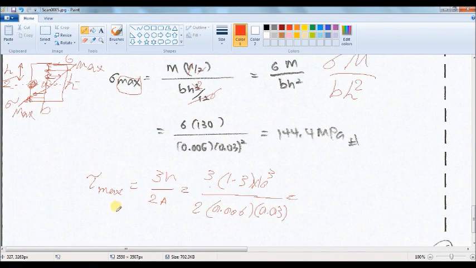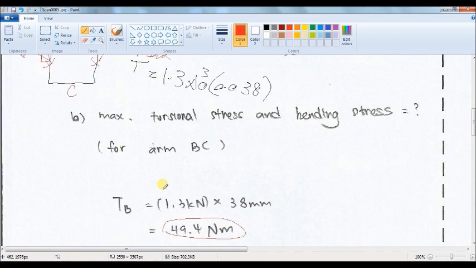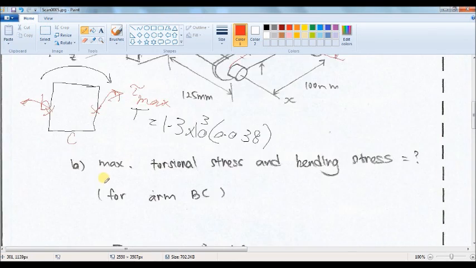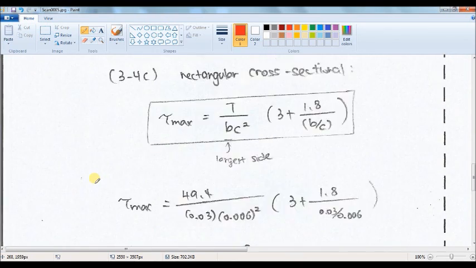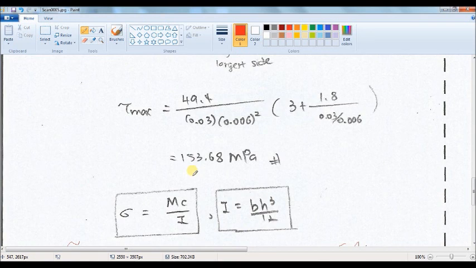Okay, so the maximum shear stress due to the bending can be found by using this equation. After we find this, okay, this is the maximum shear stress by bending, right? So earlier we found the maximum shear stress due to the torsion.